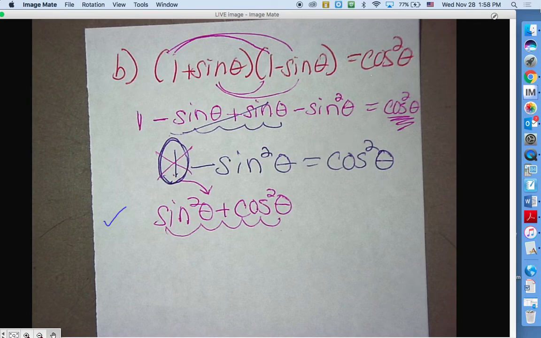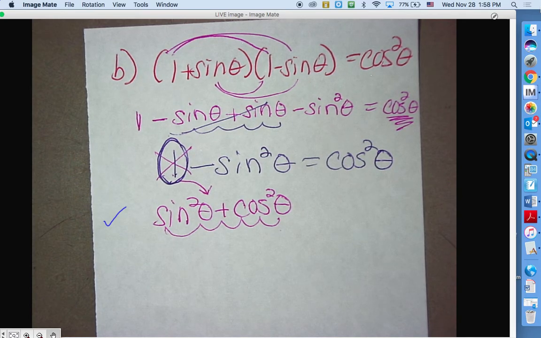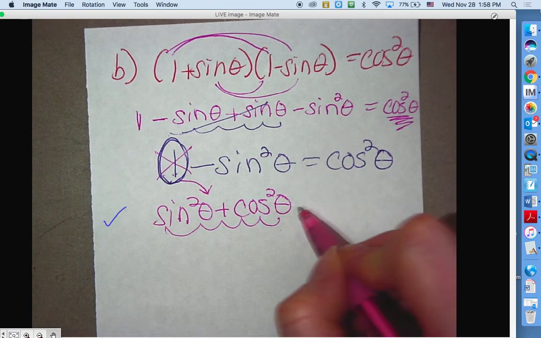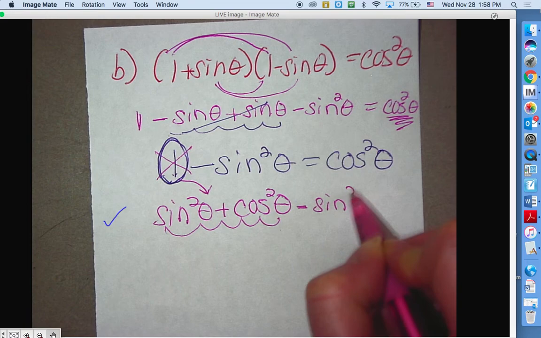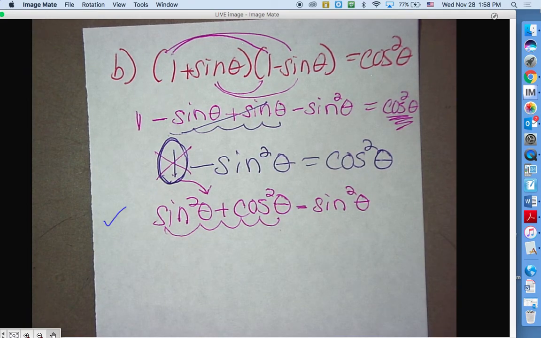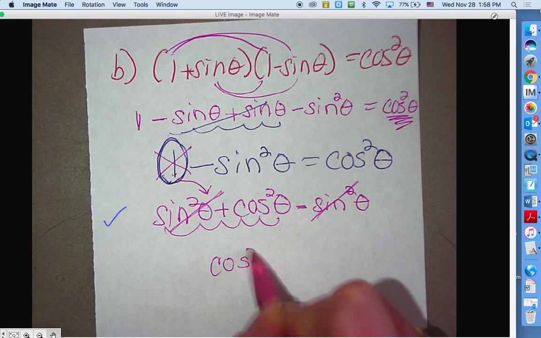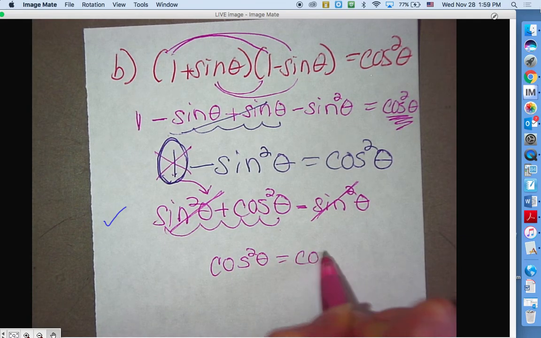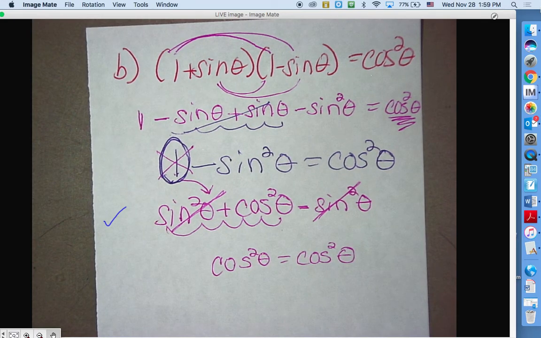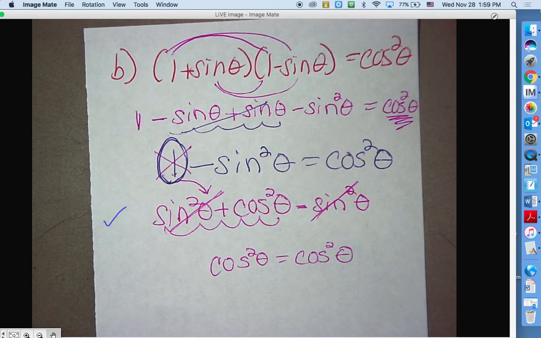That's substitution. So substitution says you take something out, you replace it with an equivalent expression. And then we still have minus sine squared. And then my sine squared and minus sine squared cancel, and we have cosine squared equals cosine squared. It's kind of like a logic puzzle.